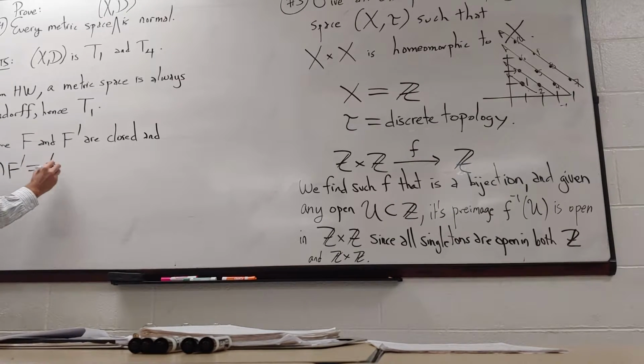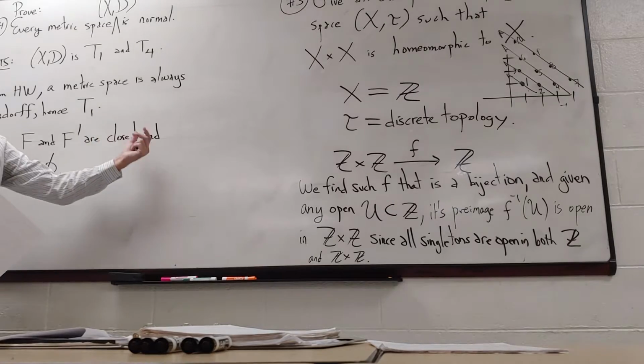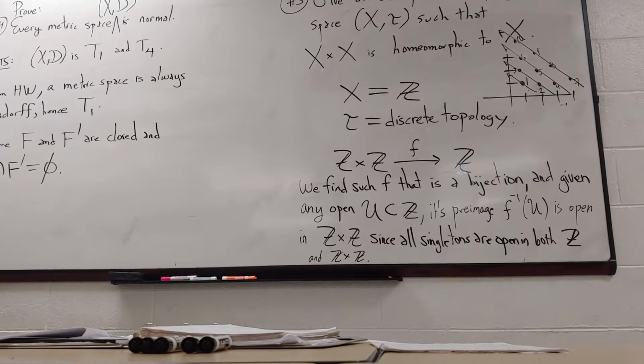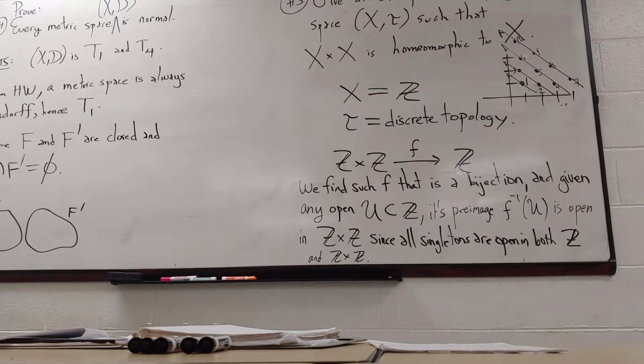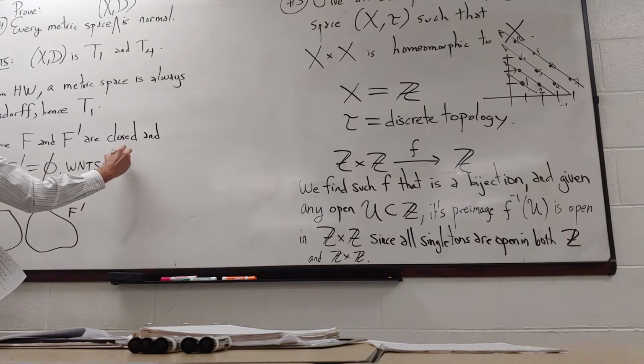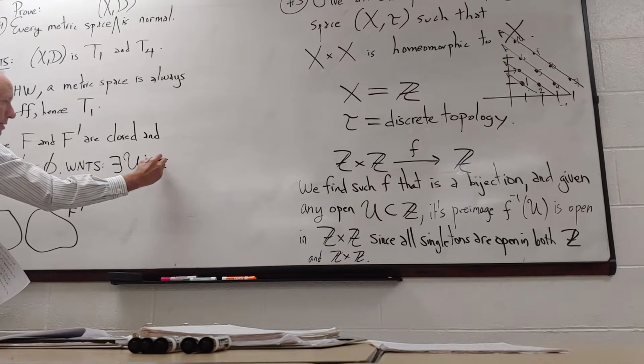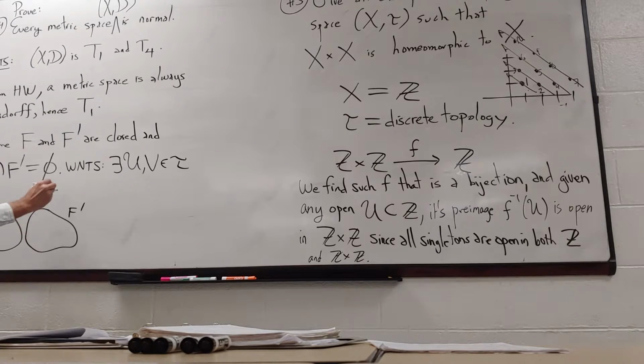To show T4, I'm going to suppose I have two disjoint closed sets. And what is the job ahead of me here? So here's F, and here's F prime. What do I need to do? Disjoint open sets.